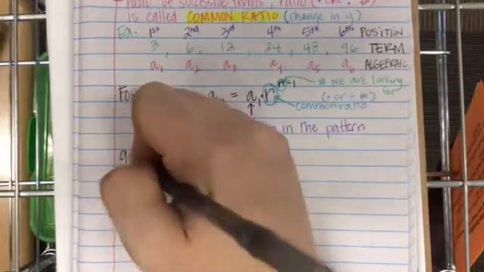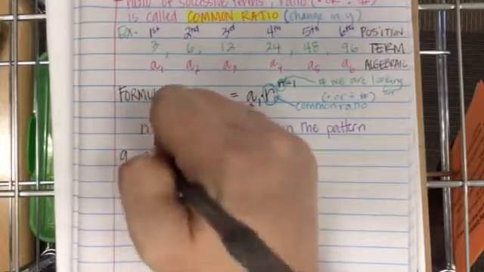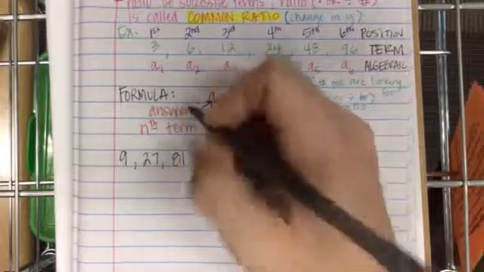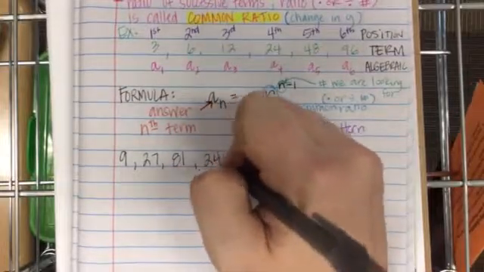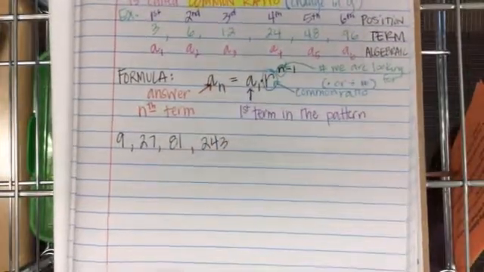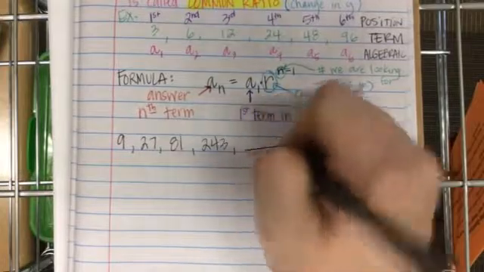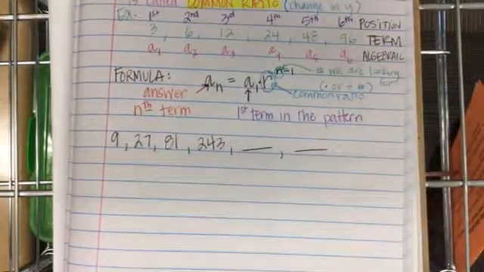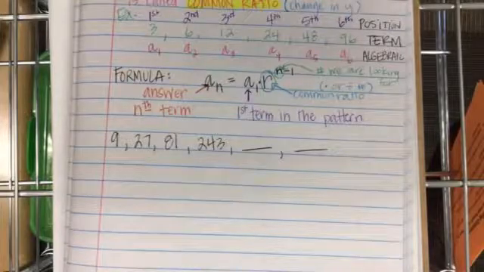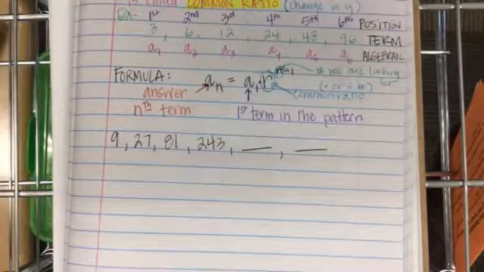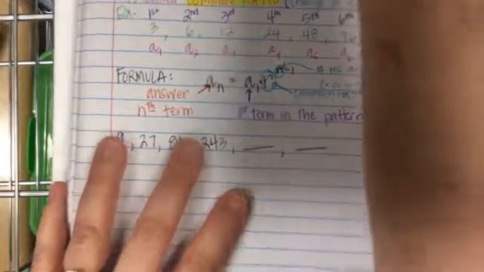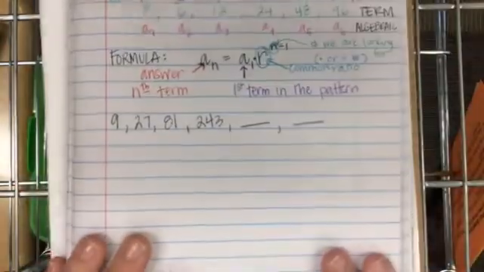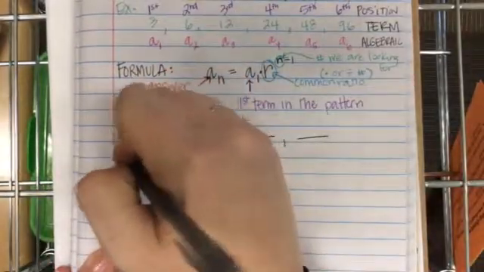Okay, so let's talk basics. If I give you 9, 27, 81, 243, blank, blank. Let's talk basics to begin with. First question.